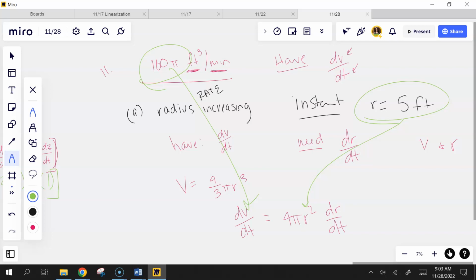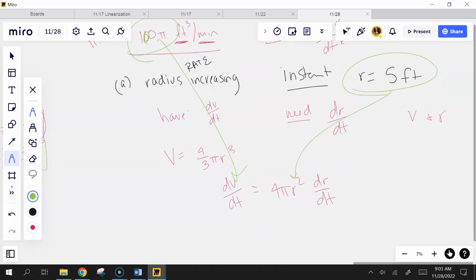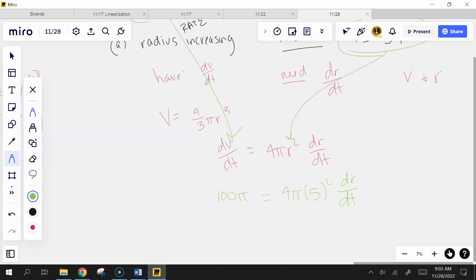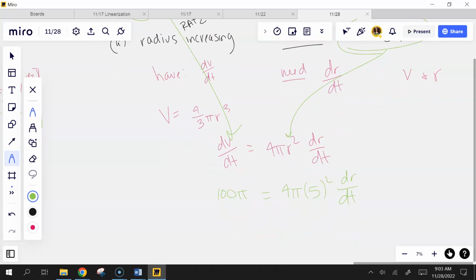So 100 pi equals 4 pi times 5 squared dr/dt. Can I solve that? Now I'm down to one variable. Of course I can solve that. That's easy. 25 times 4 is 100, right? So if I divide that on both sides, 1 is dr/dt.